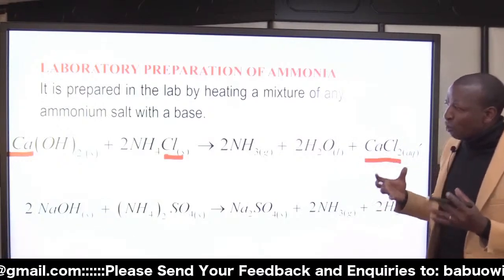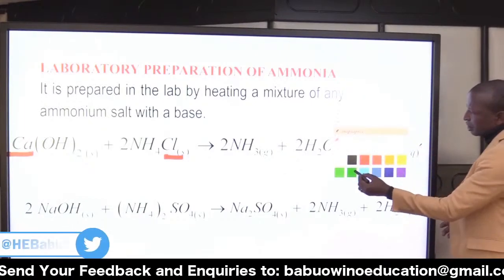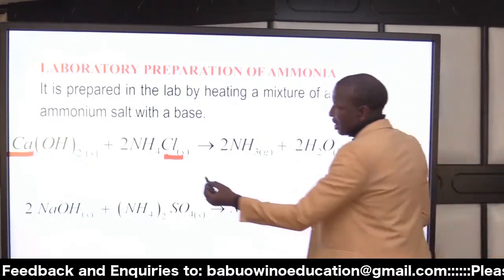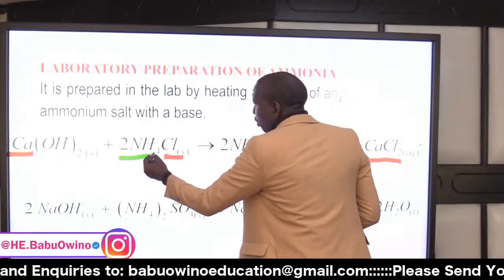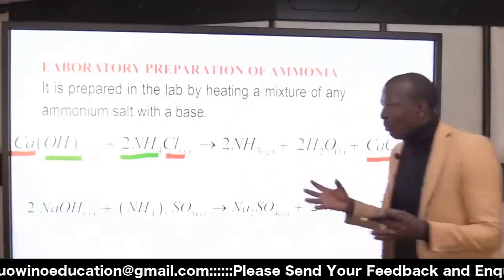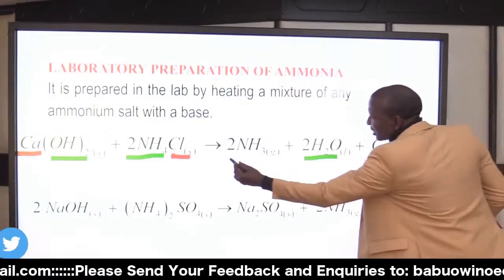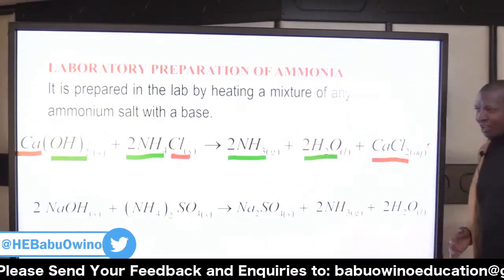The remaining component, the ammonium, combines with the hydroxide component of the base to form water and ammonia.